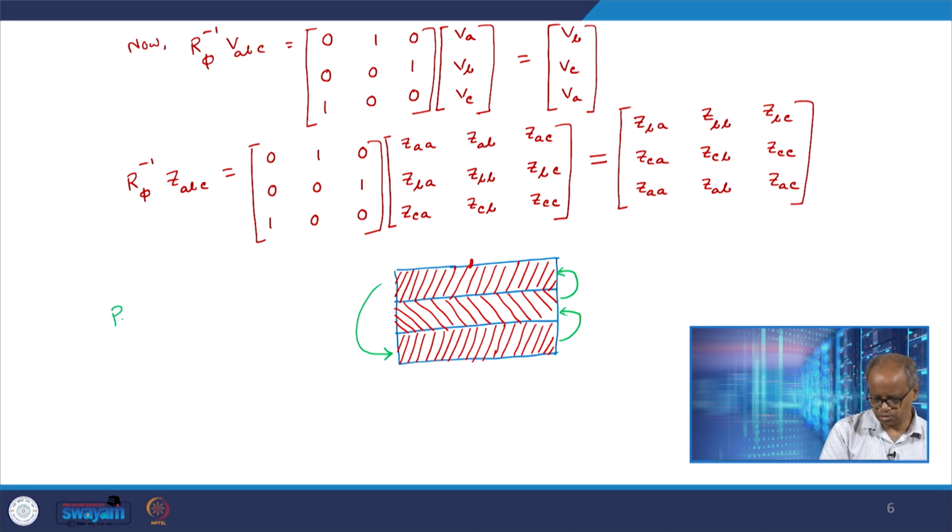So as we can see, the effect of the pre-multiplication by R phi inverse is essentially shifting the first row to the third position, followed by the second row to the first position and the third row to the second position.